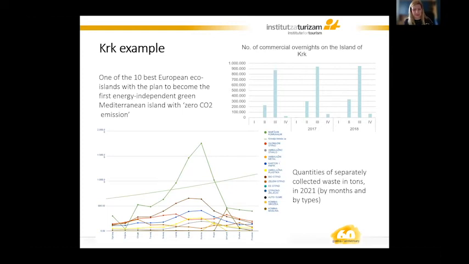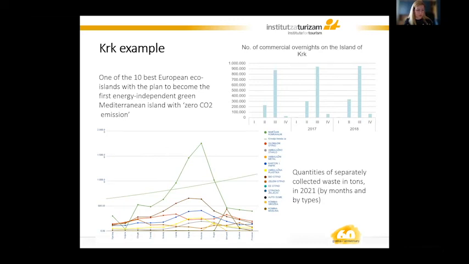It's also important to stress the quantities of the separately collected waste in tons in 2021, where we can see very clearly that through the seasonality, we have a great increase of the communal waste, and also bio-waste, the food waste, which is produced in the hotels, in the private accommodation and so on. Therefore, out of these numbers, they have concluded which are the ways they can manage these waste management operations.